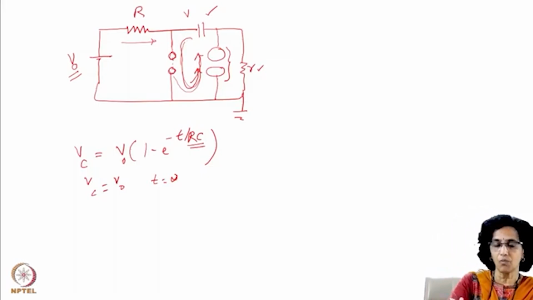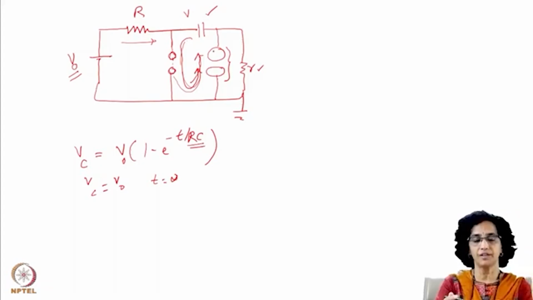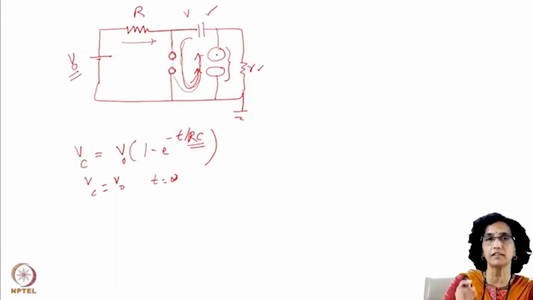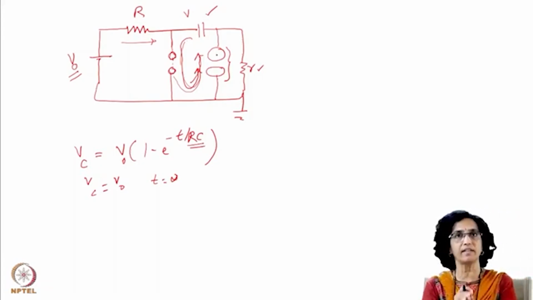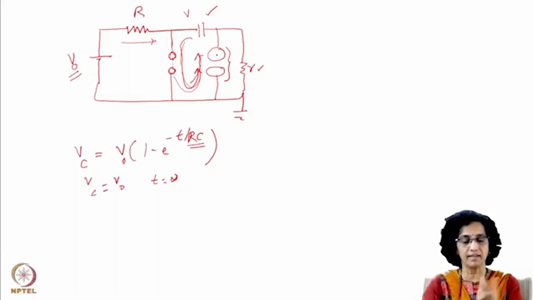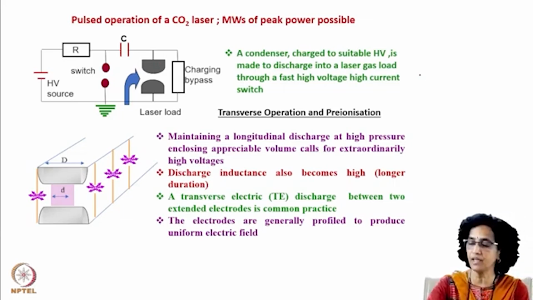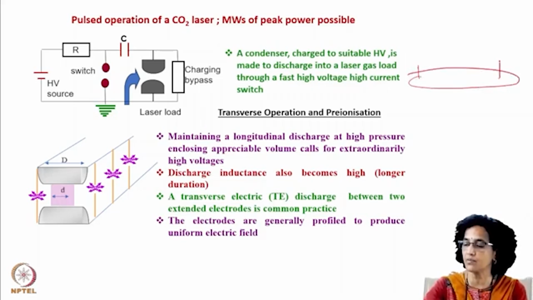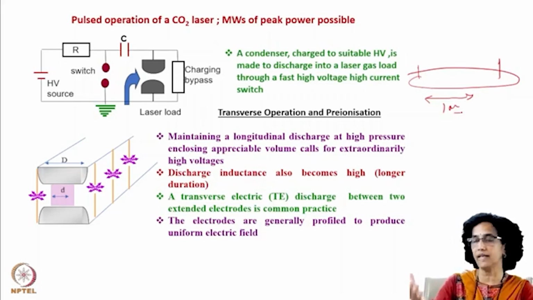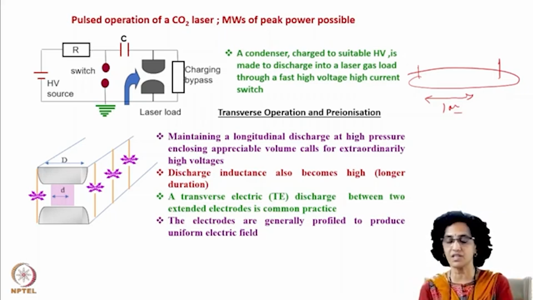Now, once the condenser discharges into the load, the gas mixture which is in the interelectrode volume gets energized. Now, why am I showing our electrodes in this manner? See, before that, we had our CW discharge. It was something like this. It was longitudinal, and we said about 1 meter length is a very commonly used discharge length.